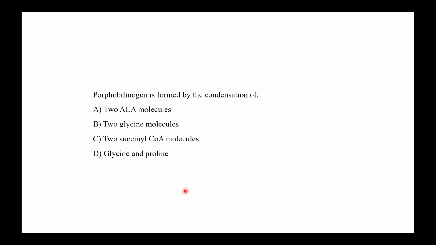Option B, two glycine molecules. Option C, two succinyl coenzyme A molecules. And option D, glycine and proline. Porphobilinogen is formed by the condensation of. What would be the correct answer?